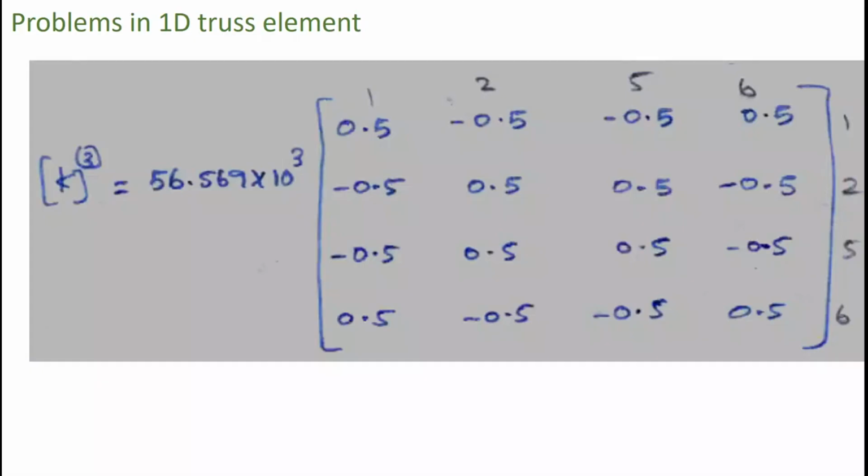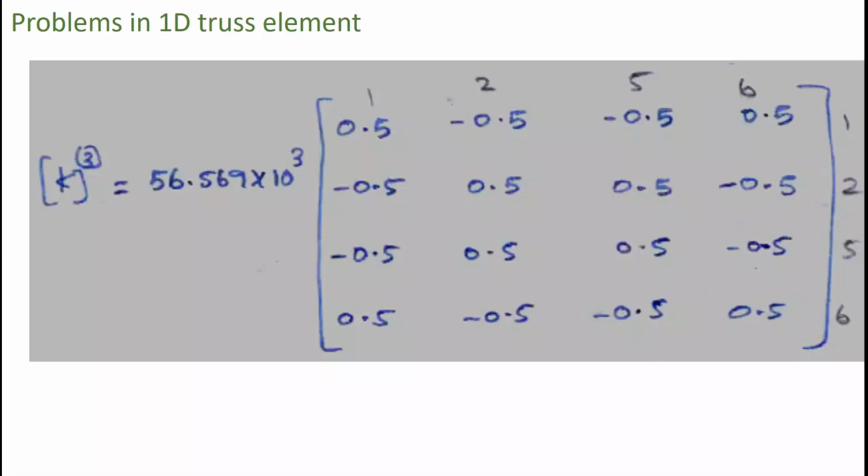Next, element 3 equations. We apply AE divided by L. The area is 2000, Young's modulus is 2 into 10 to the power 5, and the length is 707.1. So the final value will be 56.69 into 10 to the power 3.